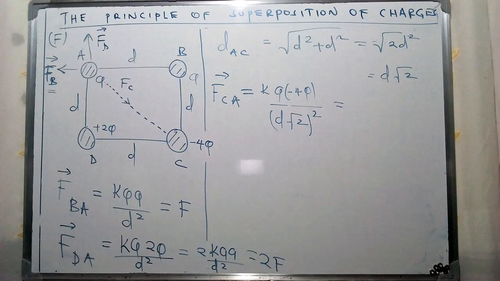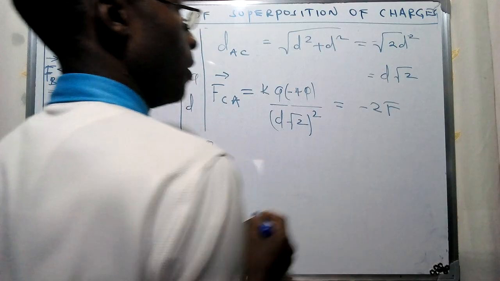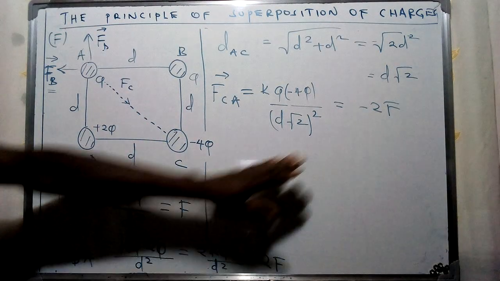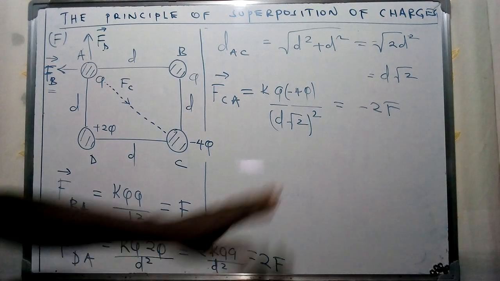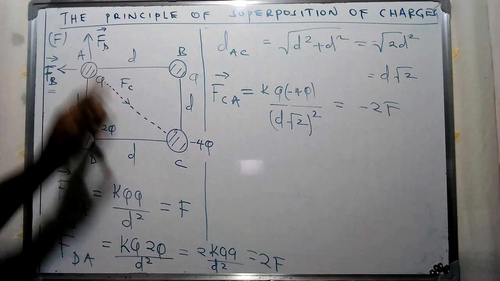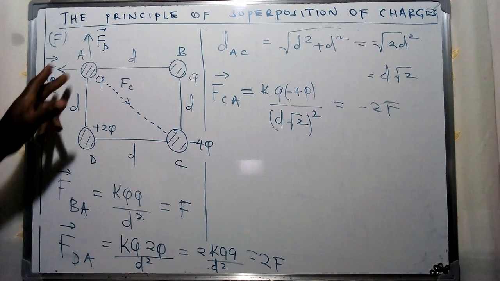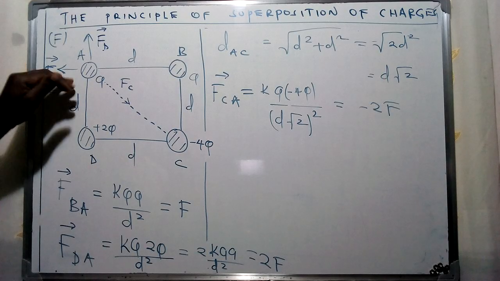So basically this is going to give us a value of negative 2F. You can do an evaluation to confirm that one. So this is going to give us a value of negative 2F, and this is going to be the value for the force which is going to be experienced on A due to the presence of C, due to the presence of D, and due to the presence of B.